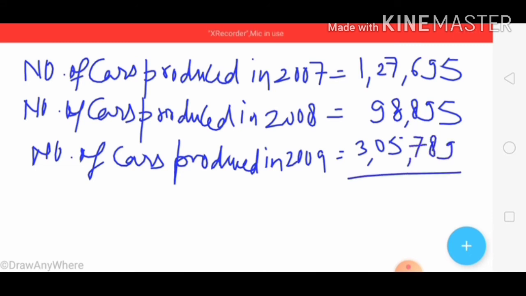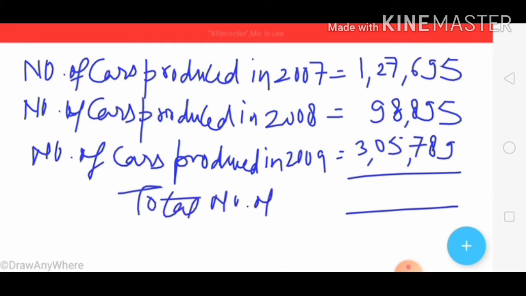So total number of cars produced, if we add: 5 and 5 is 10, 9 is 19, carry 1, 19, 8 is 27, carry 2, 23, 2, 9, 8 is 17, 5 is 22, carry 2 again, so 4, 13, carry 1, so it will be 5.